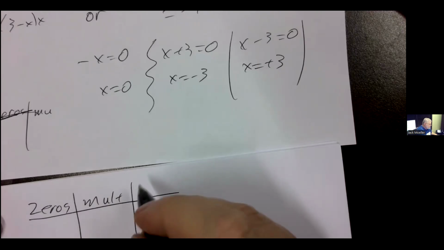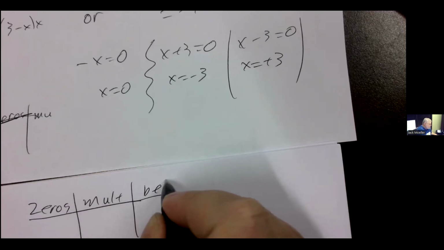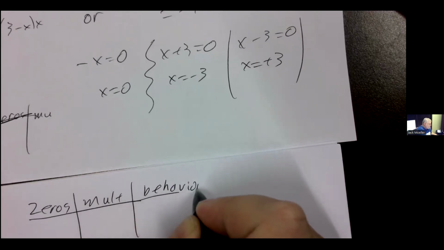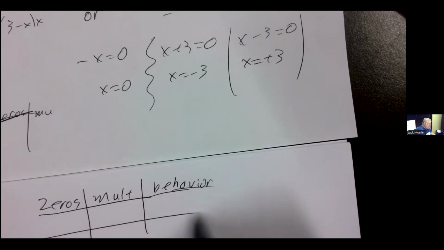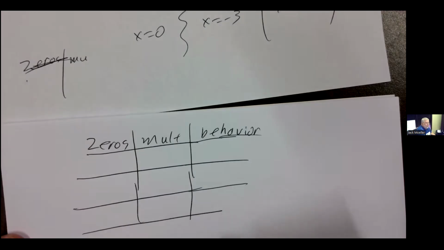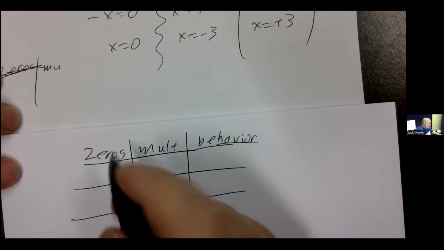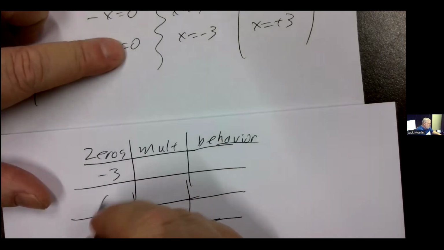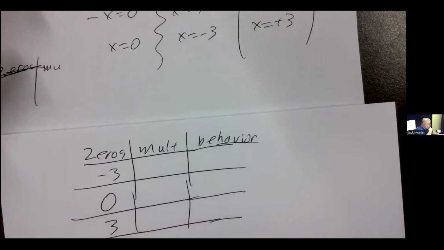So since we found the zeros right now, let's go ahead and do this information. We have 3 of them. Remember, go from left to right, just to cover your bases. So we're going to start at negative 3, then to 0, then to 3.